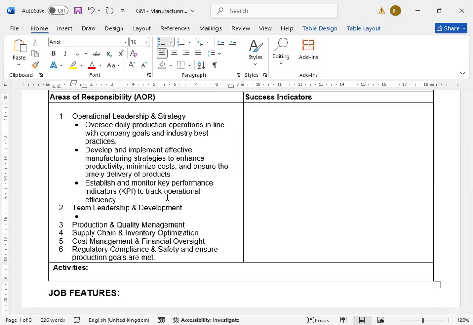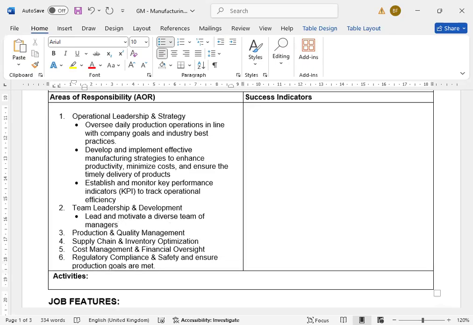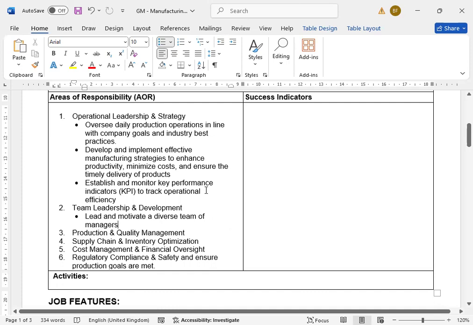The first one is lead and motivate a diverse team of managers.